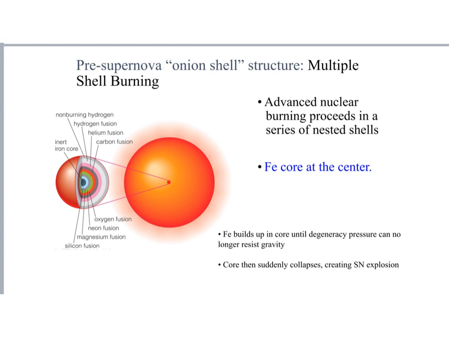How the fusion stops, or the burning stops, because the iron has the lowest mass per nuclear particle. Remember, the nuclei are made of protons and neutrons.